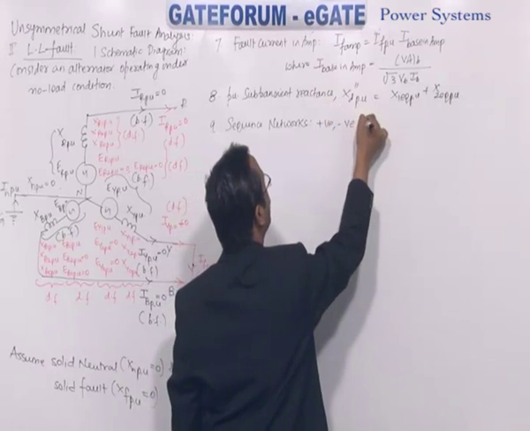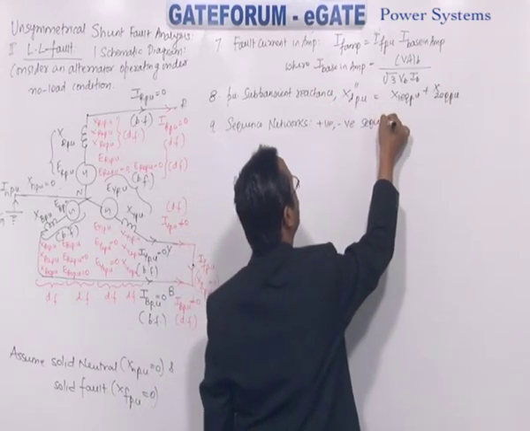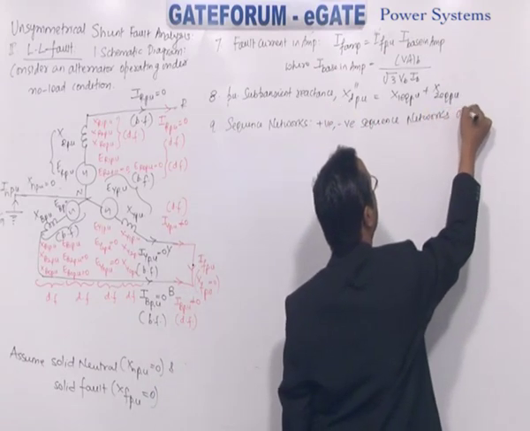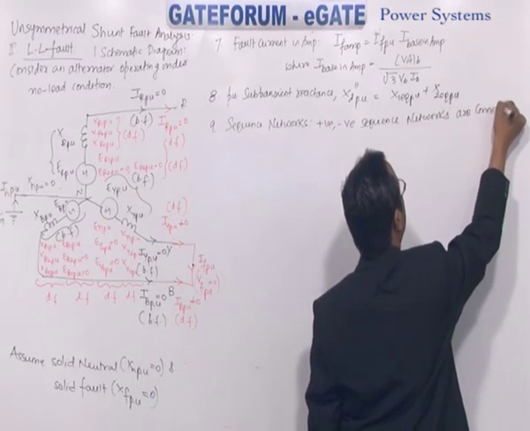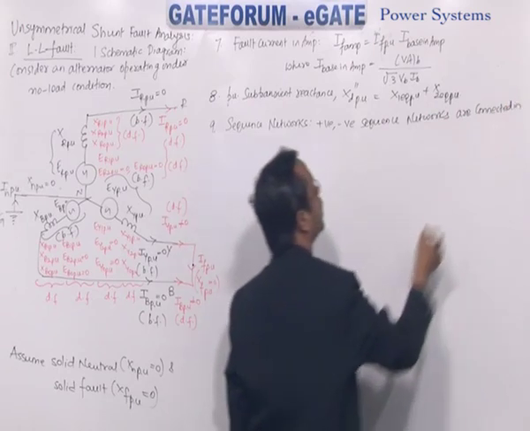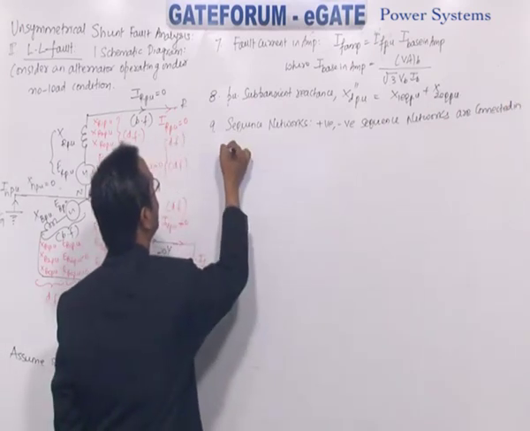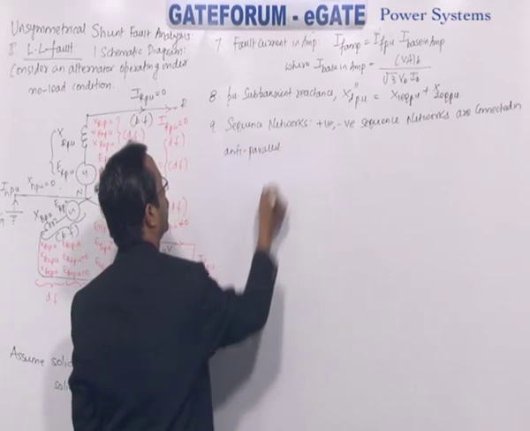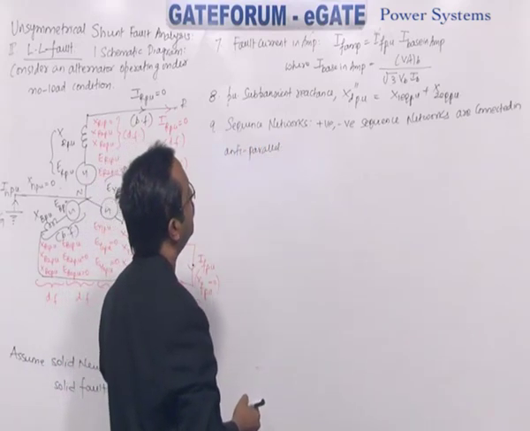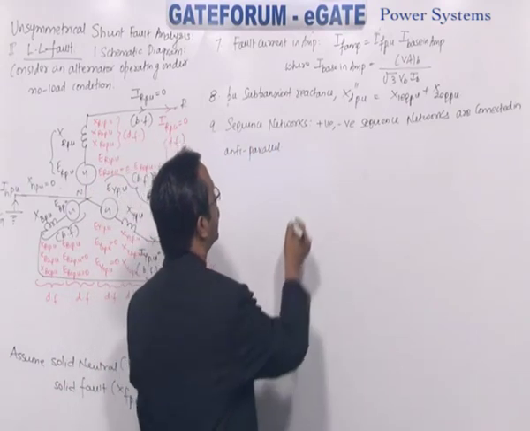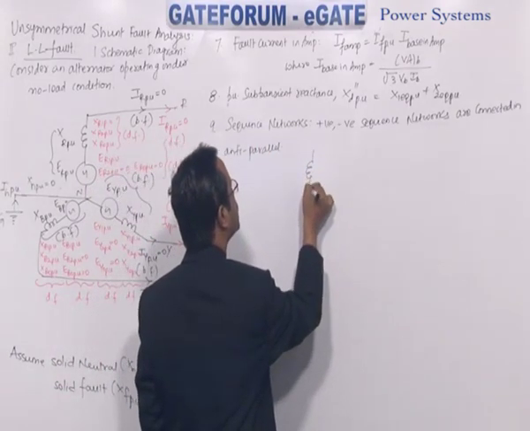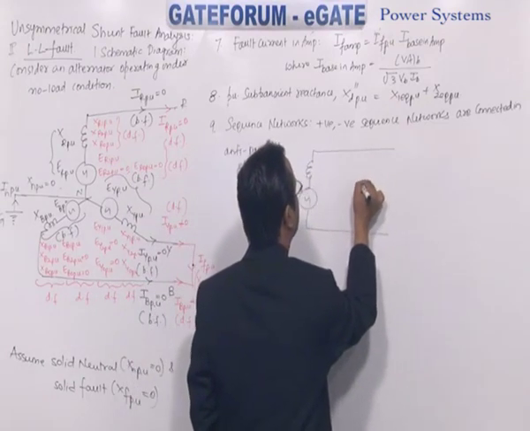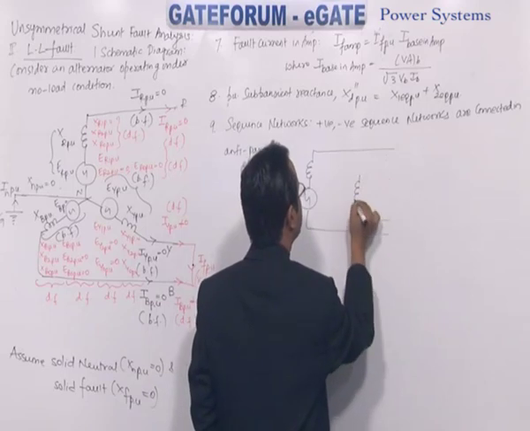So we say that positive and negative sequence networks are connected in anti-parallel. So we connect them now. First positive sequence, then you represent negative sequence.